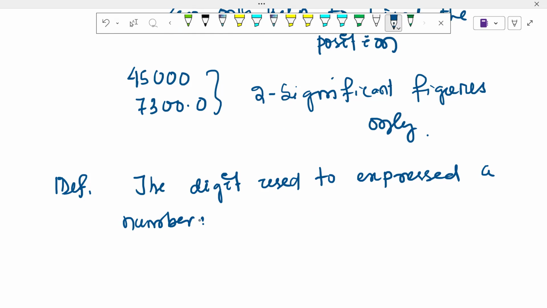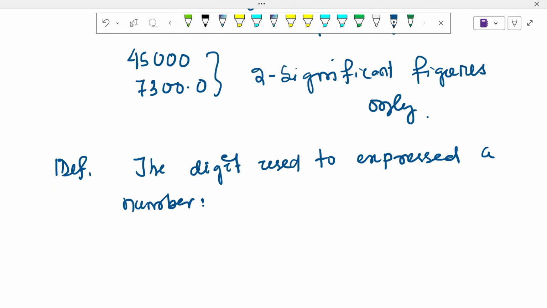Okay, that is called the significant digits.